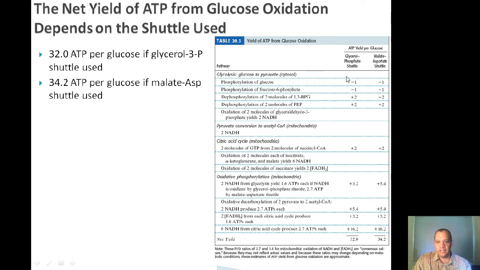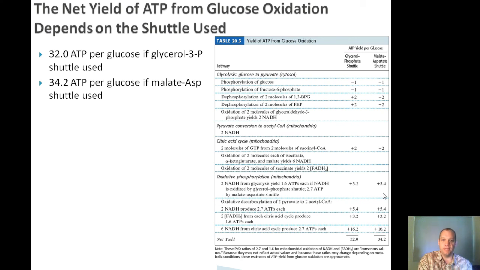And you will see that all of the steps here are identical in terms of how much ATP they produce, until we look at this part over here, which is 2 NADHs from glycolysis that yield 1.6 ATPs if NADH is oxidized by the glycerol phosphate shuttle, and 2.7 ATPs by the malate-aspartate shuttle. And the difference is there because of what I just explained. If you have cytoplasmic NADH through the glycerol phosphate shuttle, you form mitochondrial FADH2, and you bypass complex 1, and so you translocate fewer protons.